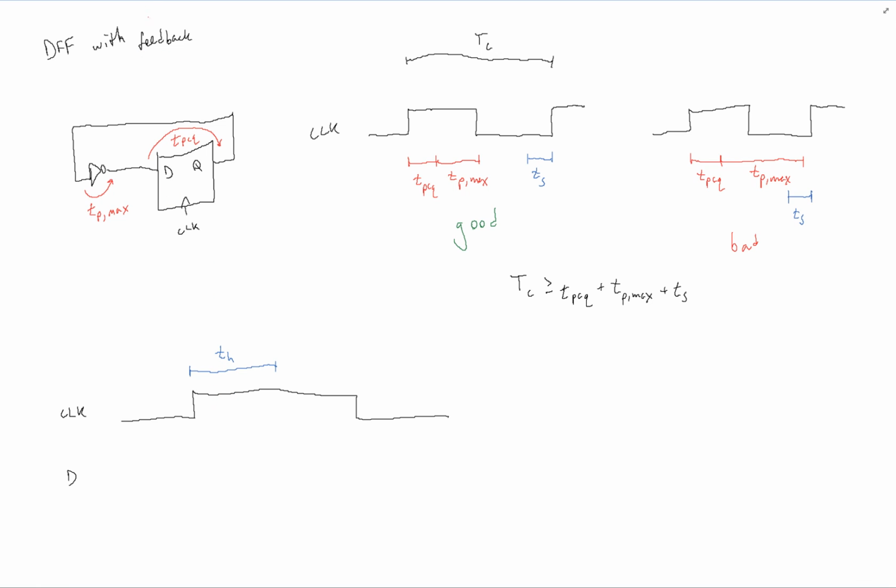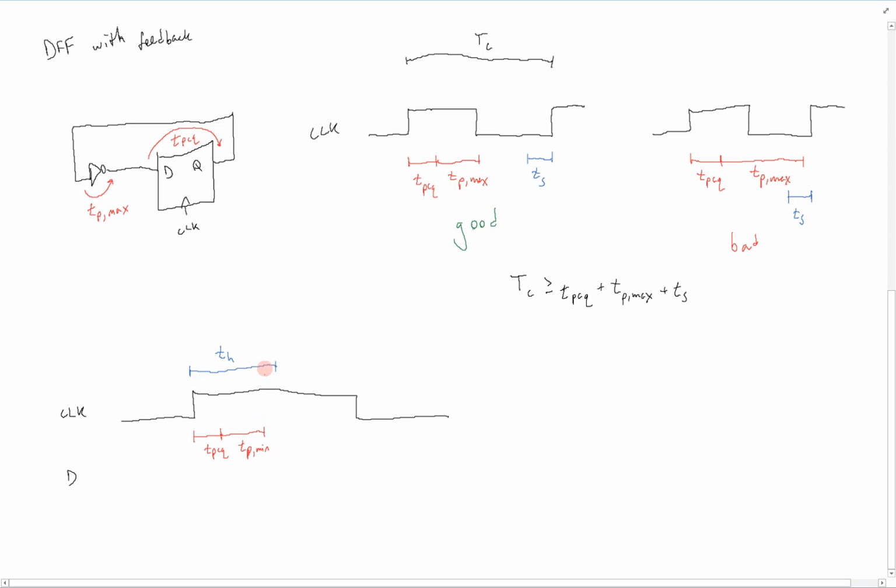And so suppose now that TPCQ, that starts right away after the clock edge, that goes on over here, TPCQ. And then we have our TP max, or in this case TP min, the minimum time that it can take to propagate through this combinational logic, because that's what we're going to be concerned with.